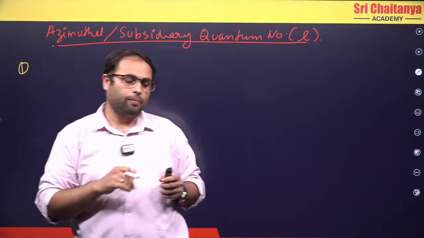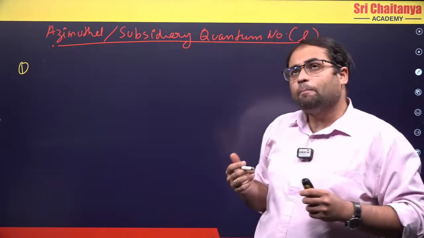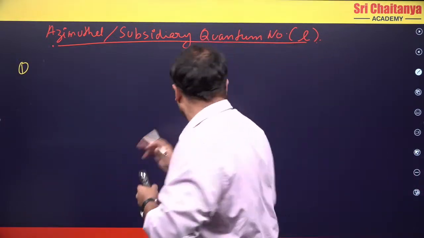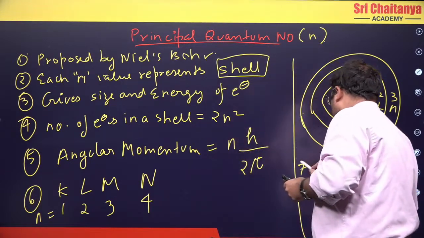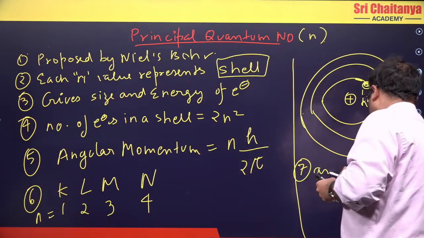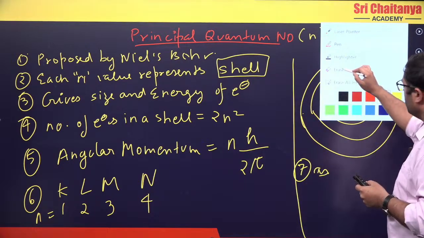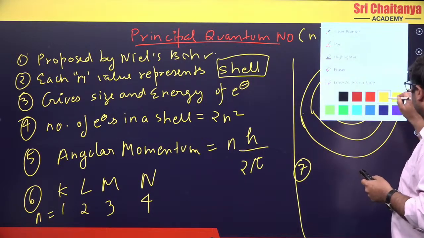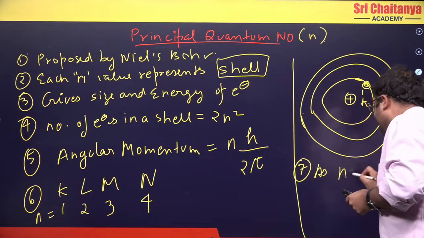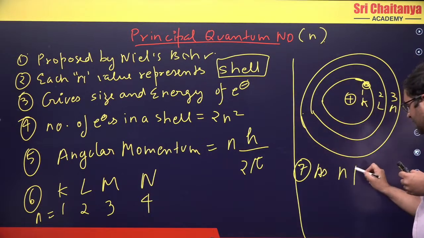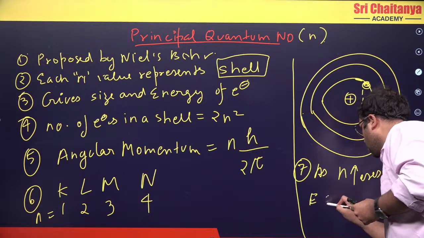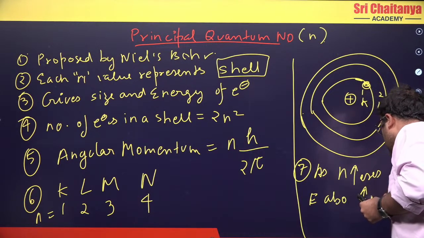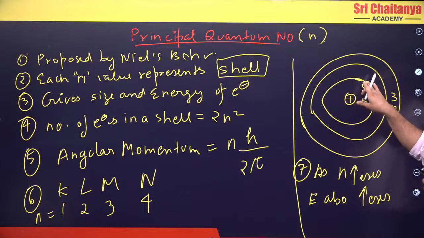The first point. One point in the previous slide I forgot to add. Just write it down here, the 7th point: as the value of n increases, energy also increases. If there is an electron in one orbit, its energy will be less.